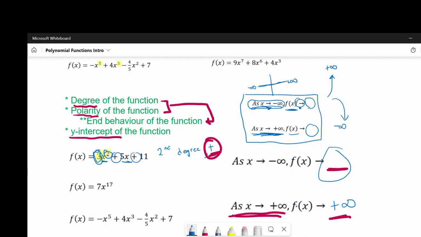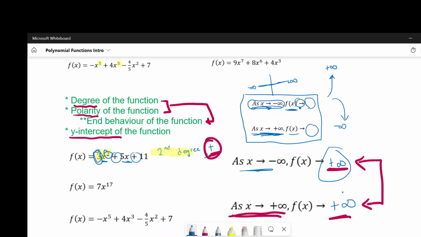The other one, the one that talks about the left side of the graph, I look at the degree of the function. If it's an even degree function, so second degree, fourth degree, sixth degree, then these two statements will be the same. Both sides of the function will agree. Because I already know the right side goes up, the left side goes up.